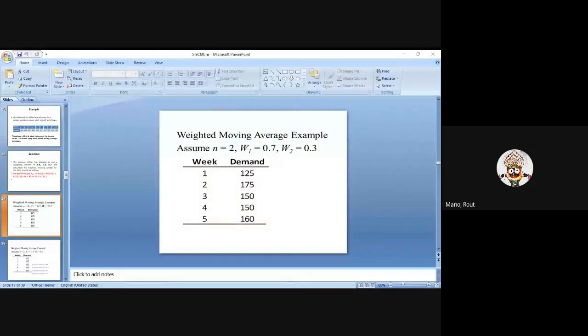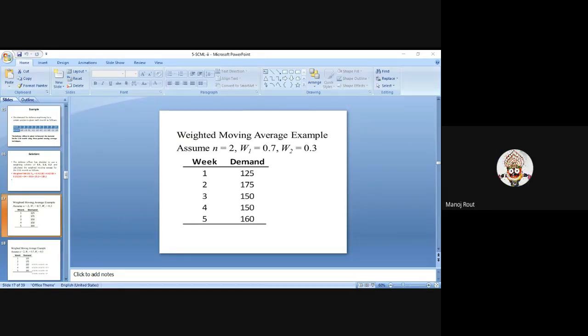Those who do not understand, kindly ask questions and I will clear your doubts. Sir, my question is, we have to consider the latest value for W1 for the next period. For the third period also, we have been given the first and second week demand.